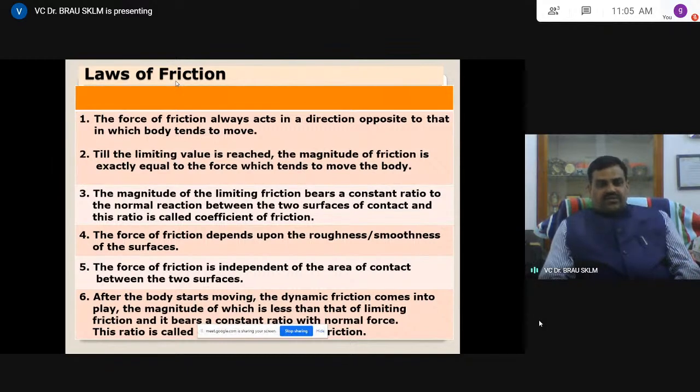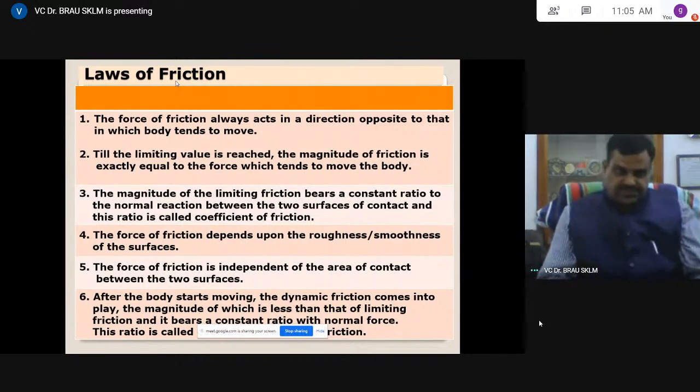This magnitude is always less than the static friction, and again it bears the same ratio, force to normal reaction, which we call the coefficient of friction. These are the 6 laws. Generally, whatever we discussed earlier is consolidated and represented as the laws of friction.